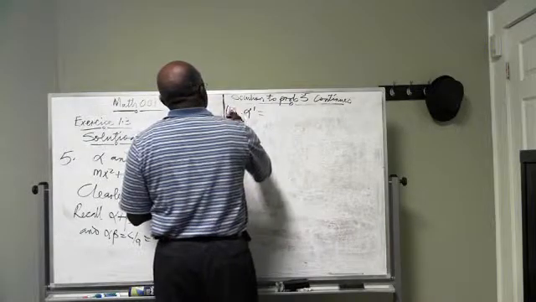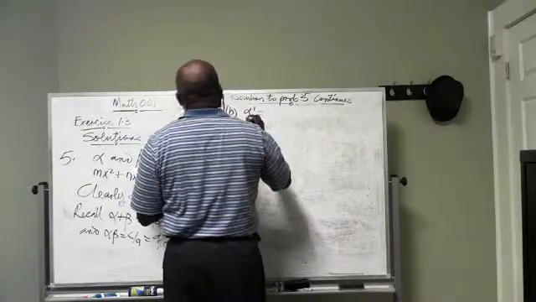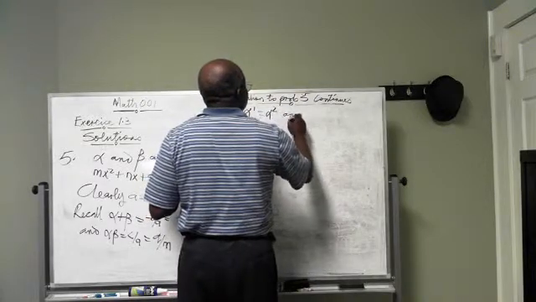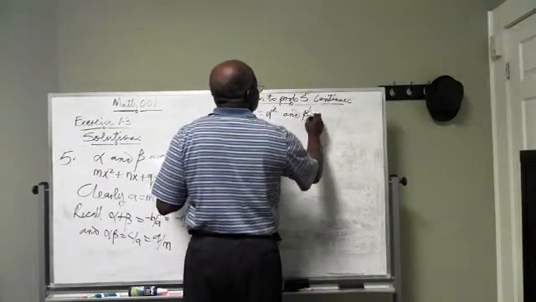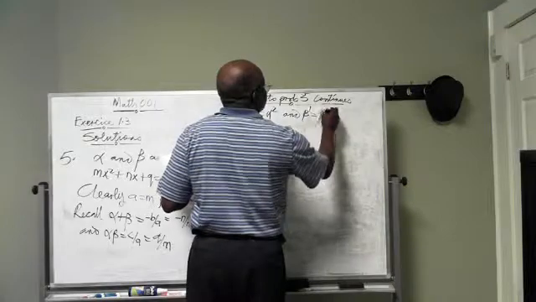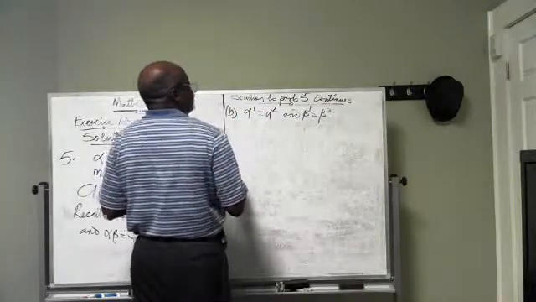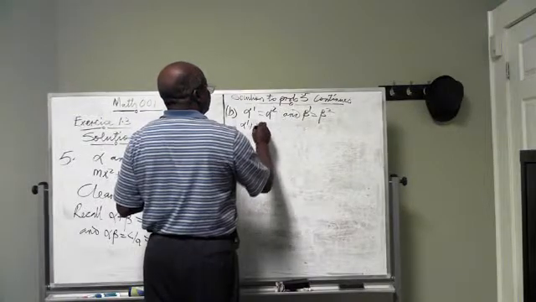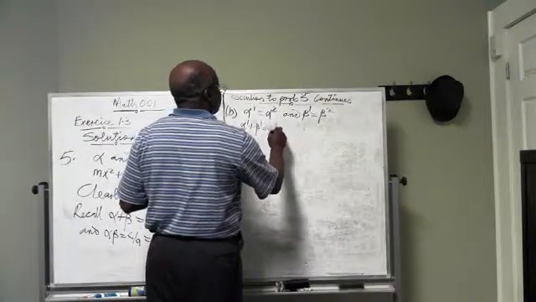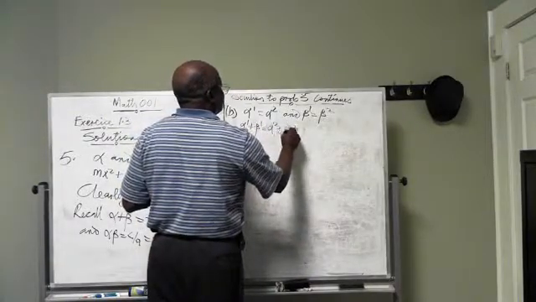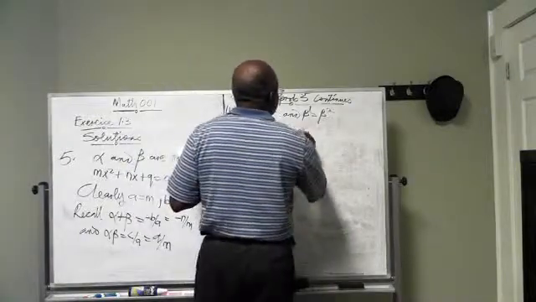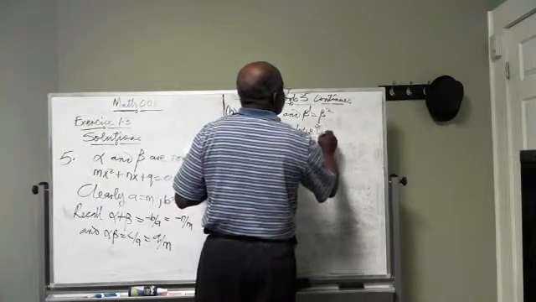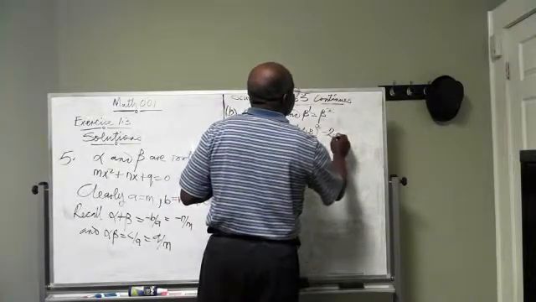Problem 5b, alpha prime equals alpha squared and beta prime equals beta squared. The sum of roots will be alpha prime plus beta prime equals alpha squared plus beta squared, which is equal to alpha plus beta all squared minus 2 alpha beta.